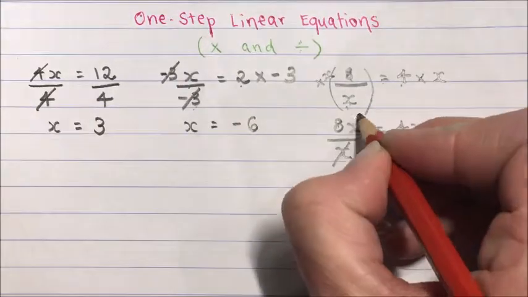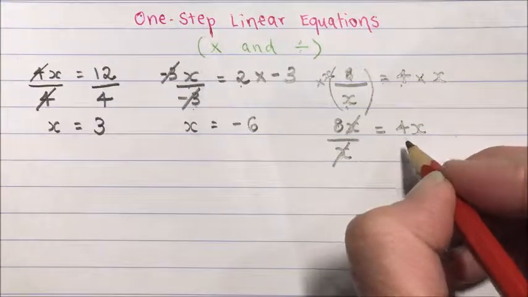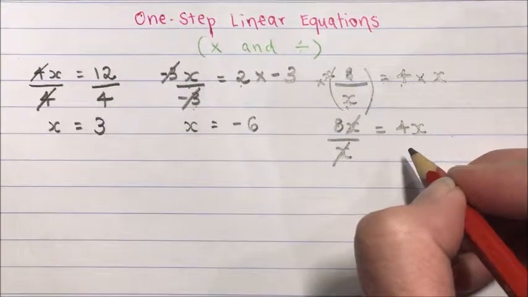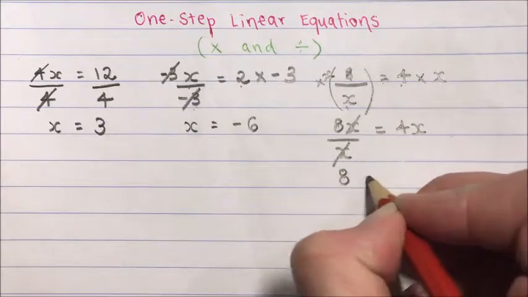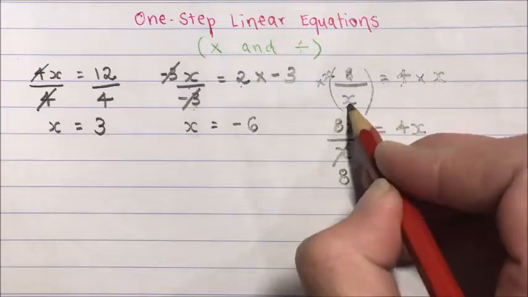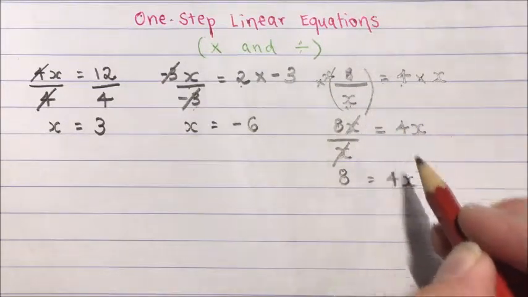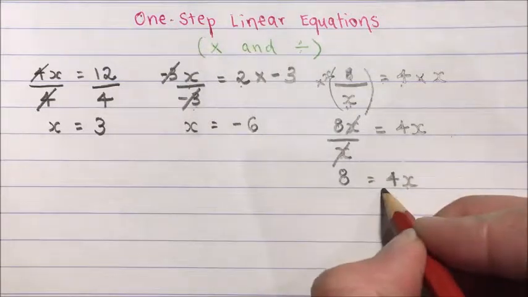These two cancel each other out. So I end up with 8 equals 4x. Can you see when x is on the bottom, the annoying part is that I end up with a pronumeral on the right. But I'm going to keep going.